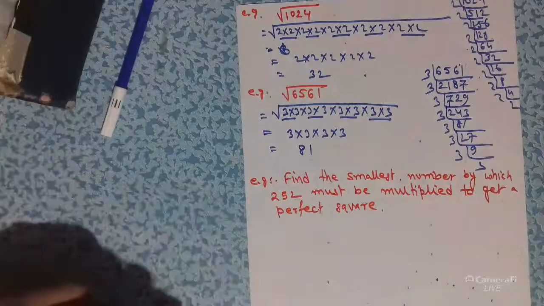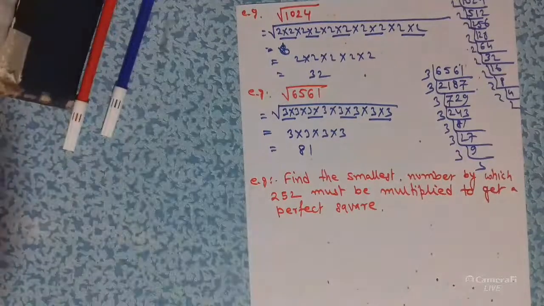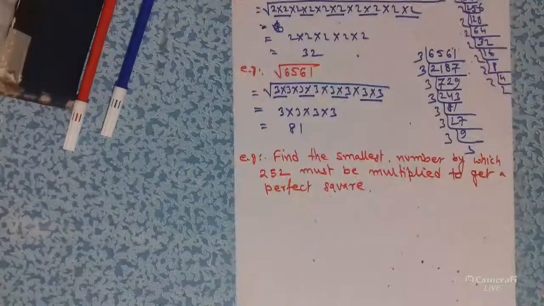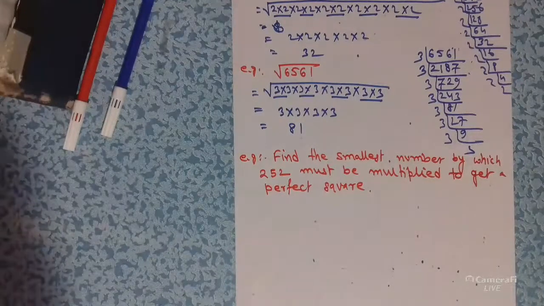So solve it, students. Find the smallest number by which 252 must be multiplied to get a perfect square.